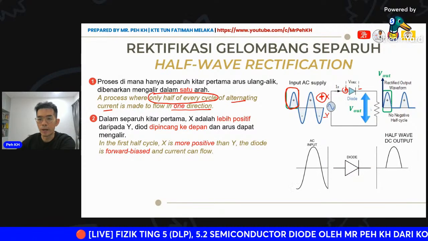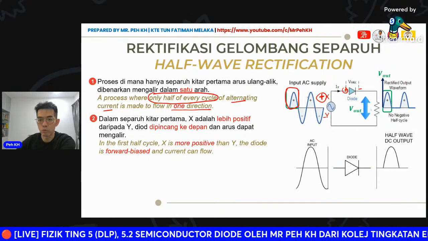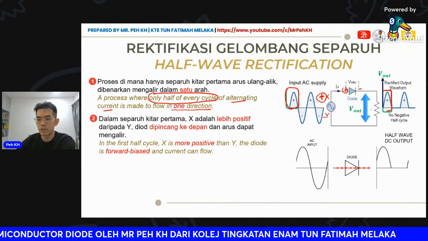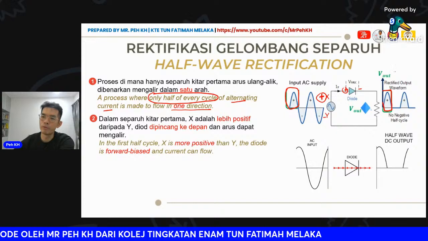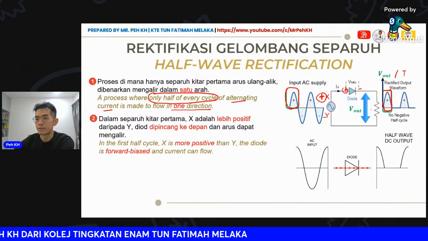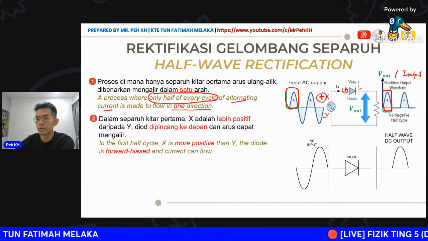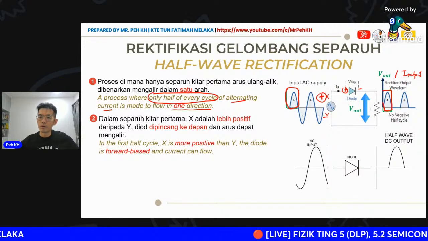So this is the forward bias, which means the current will flow through. So you can see the output voltage, the current output, will have a positive value.